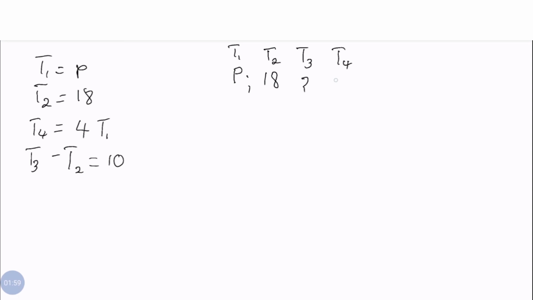So these are the unknowns, and then we're required to find the value of P. We know that this is a quadratic pattern, and we were given that T3 minus T2 is 10.